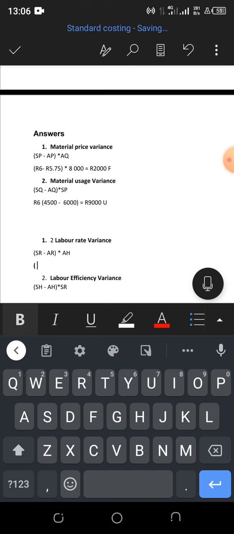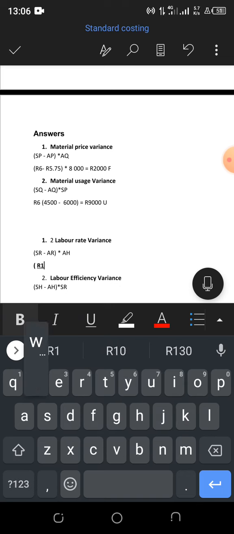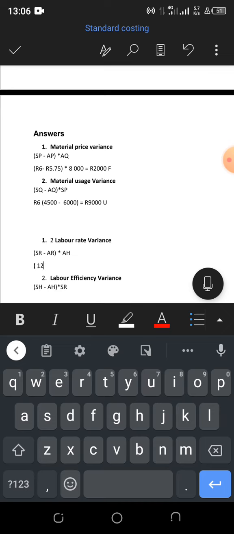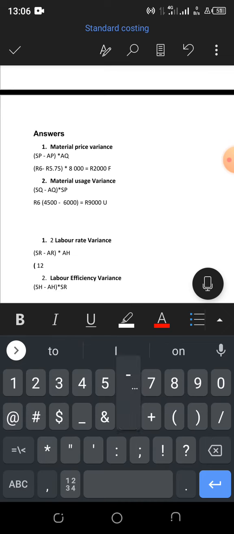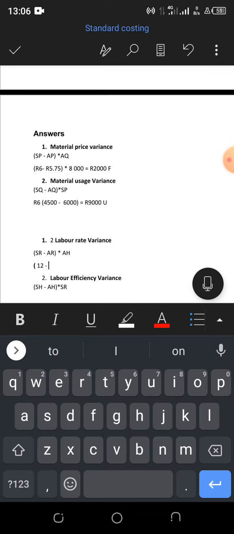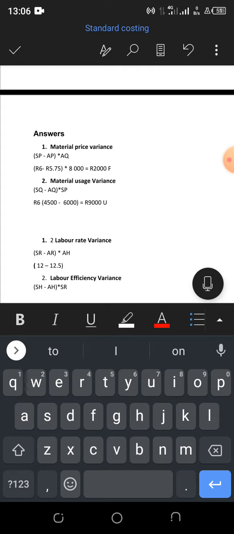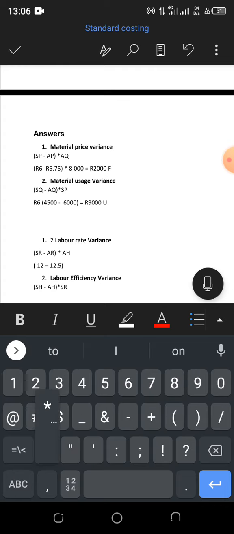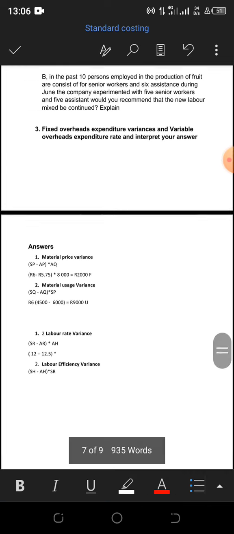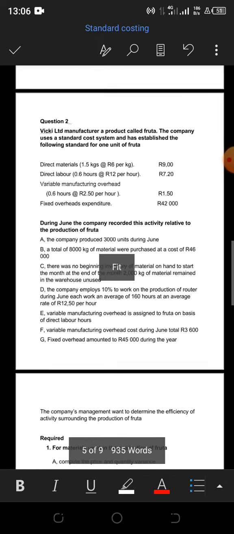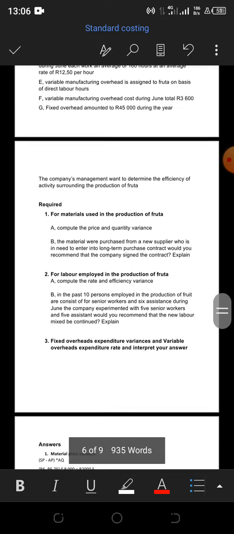The standard rate, we planned to pay the employees 12 rand per hour, but we ended up paying them 12 rand 50, which means that there is a loss there. It's unfavorable. Multiply by the actual hours, which they state that they worked an average of 160 hours.